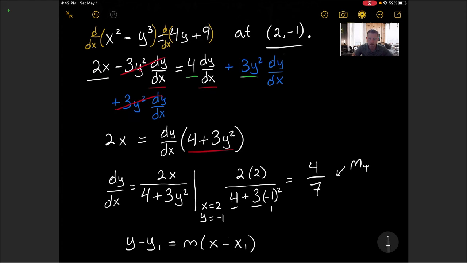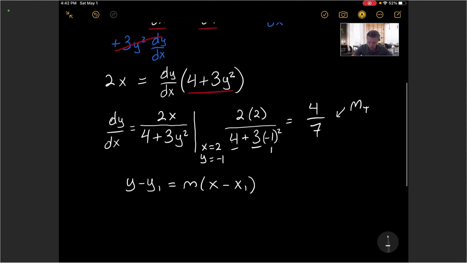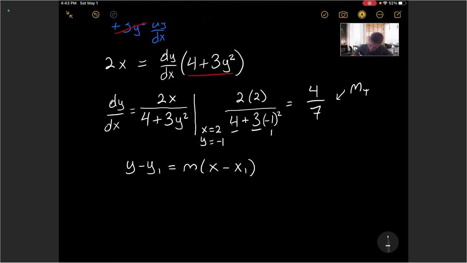So let's fill in the gaps with our point and slope. This will be y minus negative 1 equals my slope of 4 over 7 times x minus x1, which is 2.